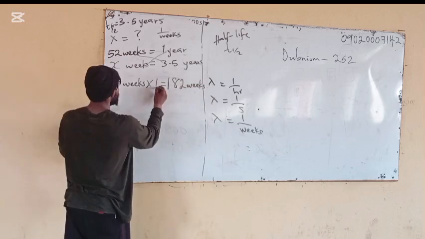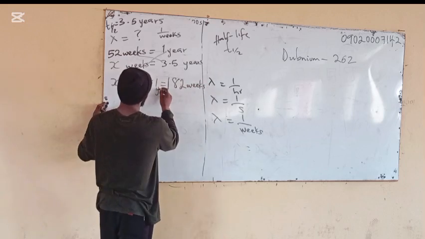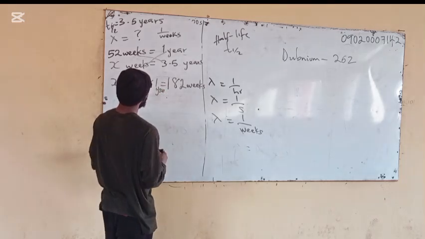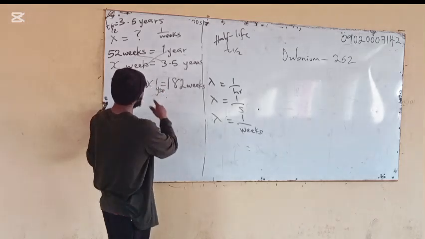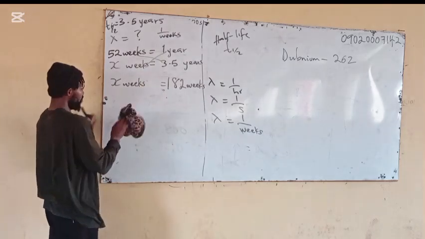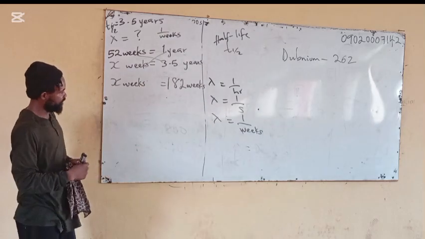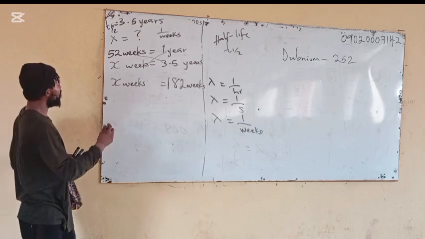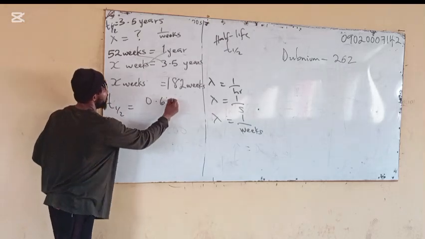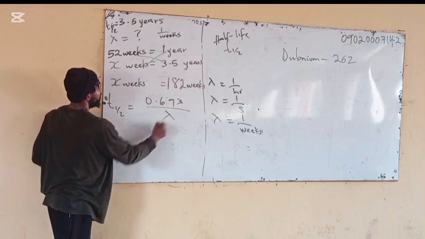But remember that this one is in years. Do you understand it? Yes. Let's just leave it at this. So I now have this 182 weeks, and let me go back to my relationship, which is T half equals 0.693 over lambda.